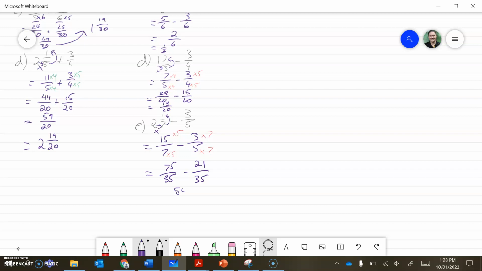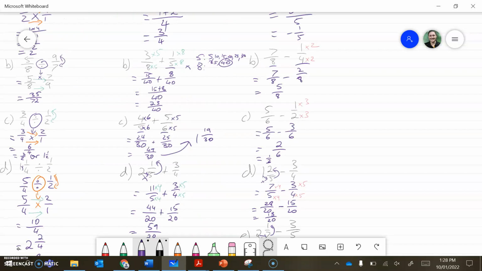So we got 54 out of 35. We then have a look and say, okay, are there any common factors between 54 and 35, which there aren't, but we could write this as a mixed number, so we could have 1, and then 54 minus 35 is 19, so you'd have 1 and 19/35. Okay, and that is our operations with fractions.